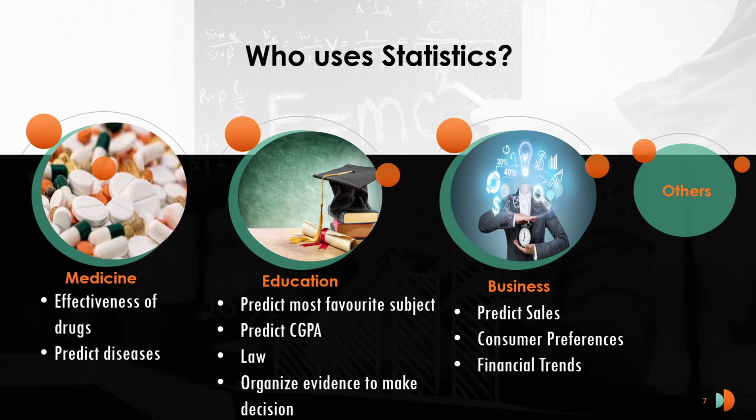In education, we may predict student CGPA based on their performance history, or how many students will graduate on time. In business, we can forecast sales, consumer preference, and financial trends that can help the organization make decisions. And there are a lot more fields that use statistics.